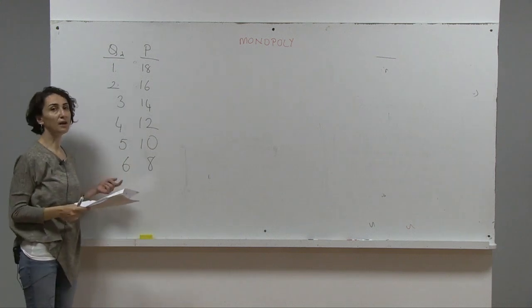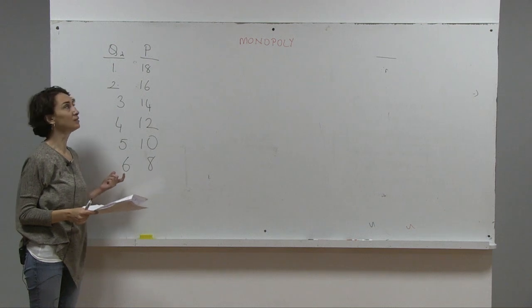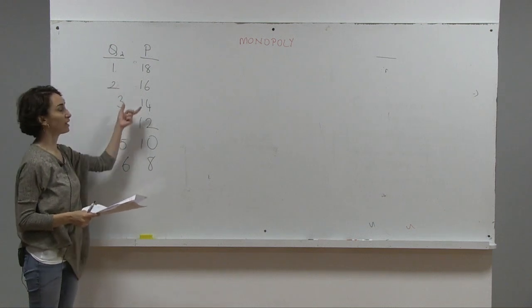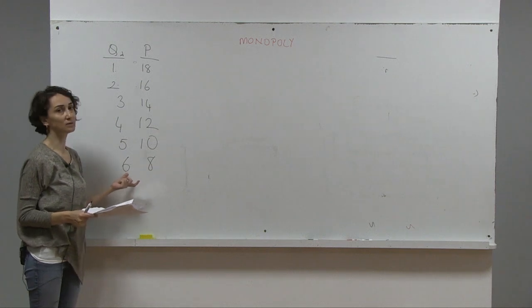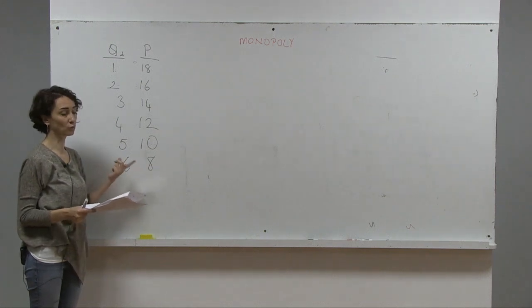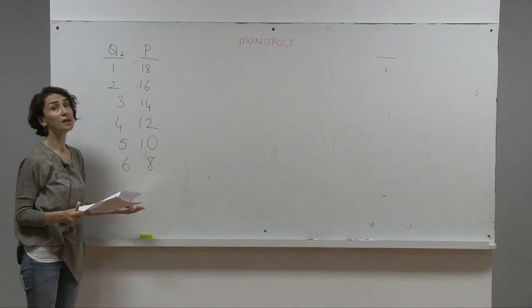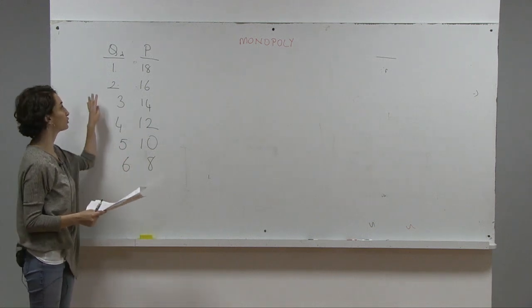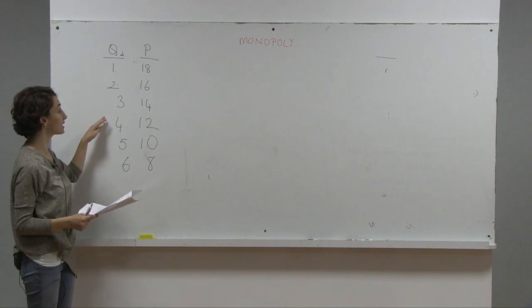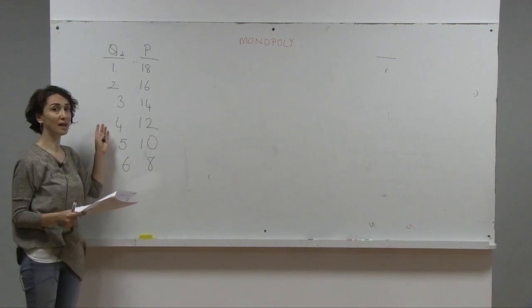Now, if I ask you as a side question, can you write the equation, which is a linear equation, for these numbers that represent the relationship between quantity demanded and price? Yes, you should be able to write the equation because you know at least 2 points that are valid, right?